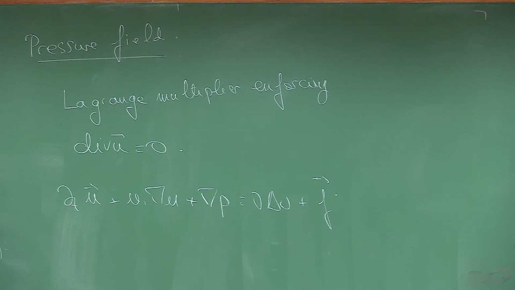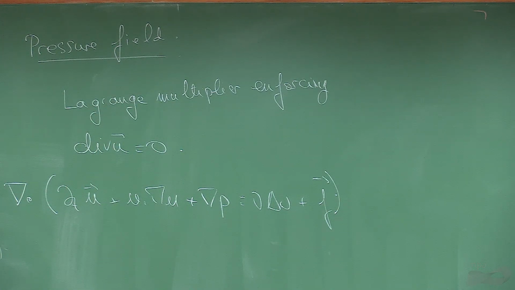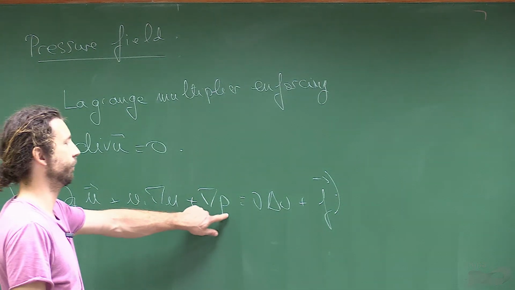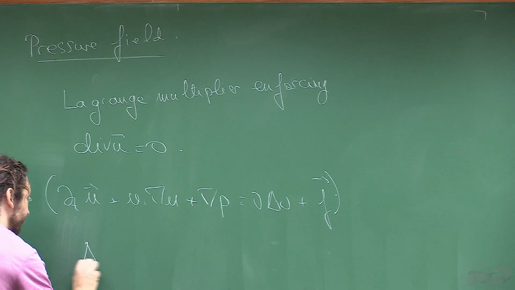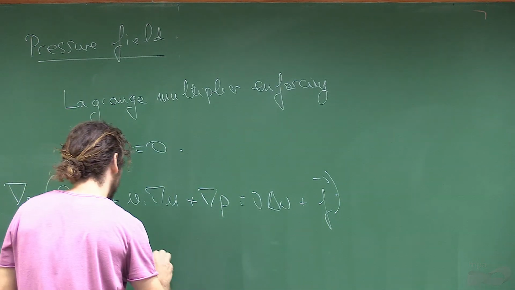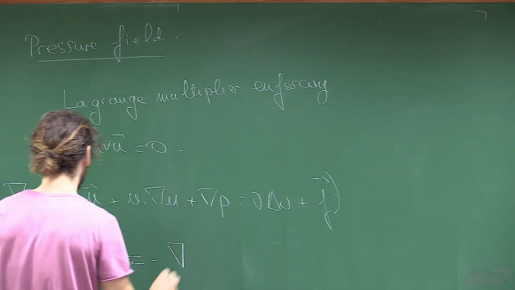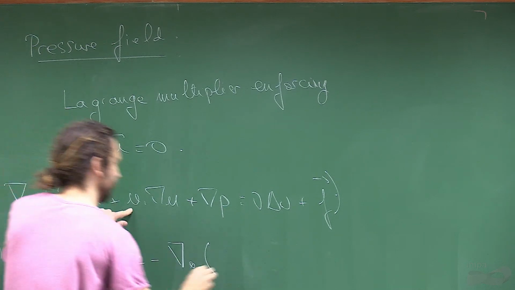If we take the divergence of this equation, you wind up with an equation for the pressure field, which is a Poisson equation: the Laplacian of p is the divergence of this part.